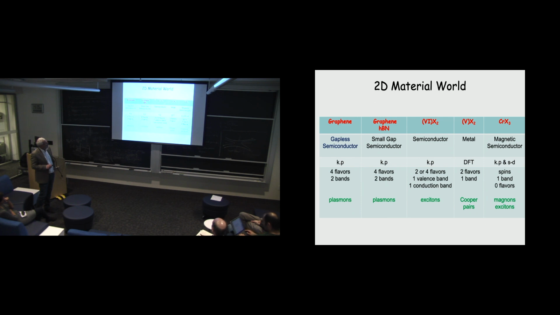And then the next best studied two-dimensional crystals are transition metal dichalcogenides. When you make these systems out of group 6 elements, most of them are semiconductors, fairly large gap semiconductors, and you can make Moiré superlattices out of them.